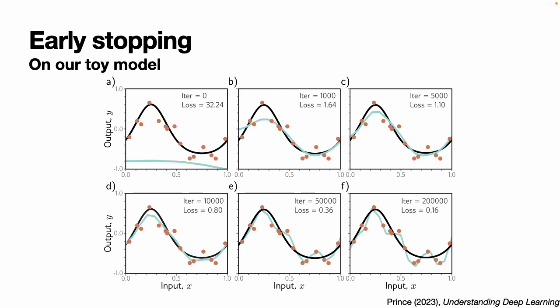Then as I head downhill doing my stochastic gradient descent, up to 1,000 steps, 5,000 steps, I fit the data better and better until after 200,000 steps I fit it really well. We should step back and ask which is the best model here. The loss function is going down and down and down, of course.